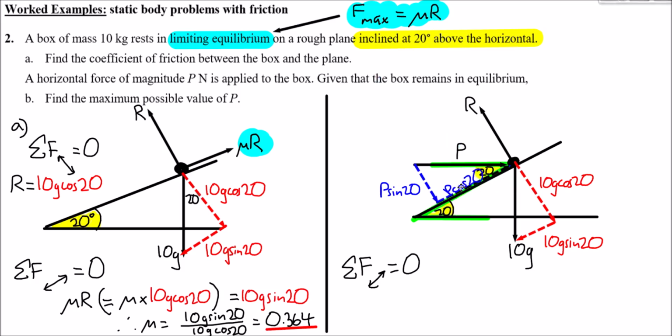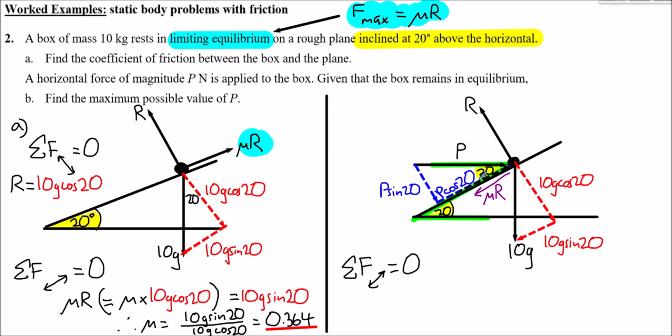So if I take P cos 20 and put it here, acting up, then F max will be acting down the slope. And that'll have magnitude mu R. So we know what mu is, it's 0.364. Can have this in later. So we'll be doing forces parallel to the slope.